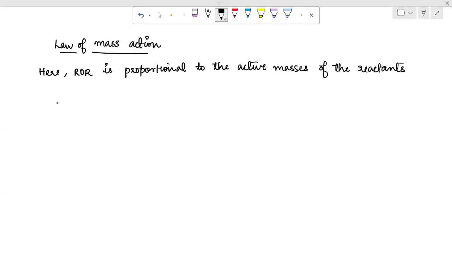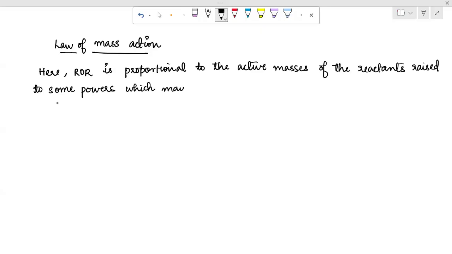I'll explain. You please note it down. The rate of the reaction is proportional to the active masses of the reactants raised to some powers.